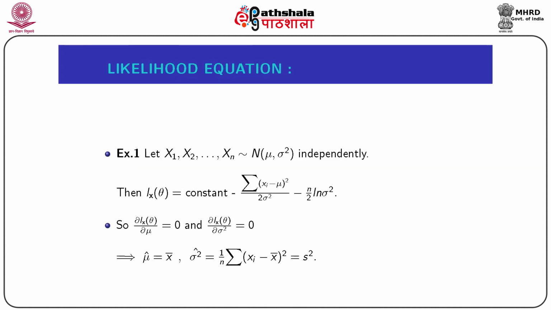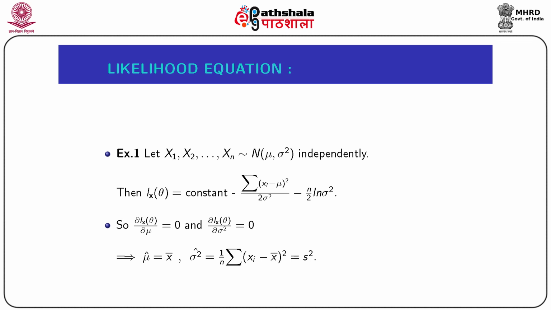Next we go to an application of the likelihood equation in some theoretical distribution like the normal. Let x1, x2, ..., xn be IID normal mu, sigma square variables. Then the log of the likelihood function equals some constant minus summation xi minus mu whole square divided by 2 sigma square, minus n by 2 times log of sigma square.